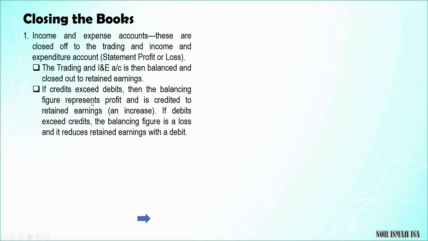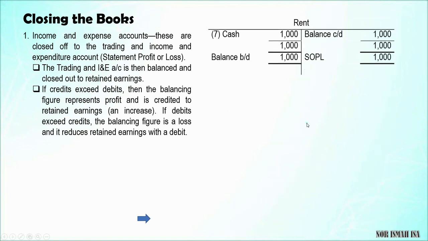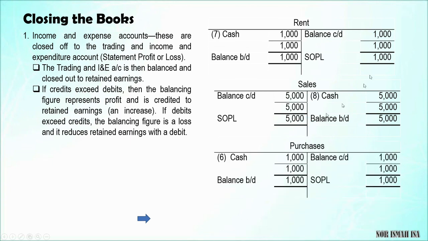But for sole trader, when the credit exceeds the debit, the company will get profit, and the profit will be transferred to statement of financial position, and this will increase the capital of the owner, sole trader. If the debit exceeds credit, the company will suffer loss. So this is all the expenses account that will be zeroized at the end of accounting year, because it goes to the statement of profit or loss. The next accounting year we start another amount.